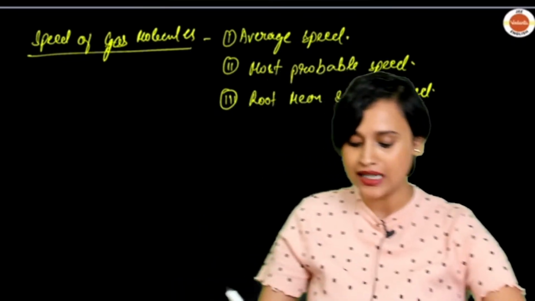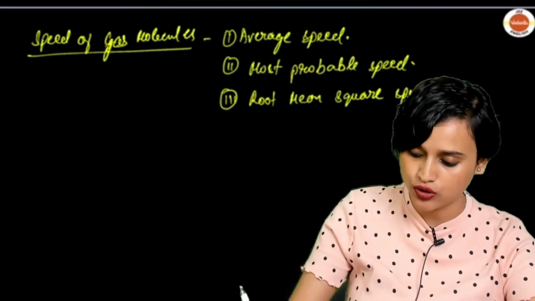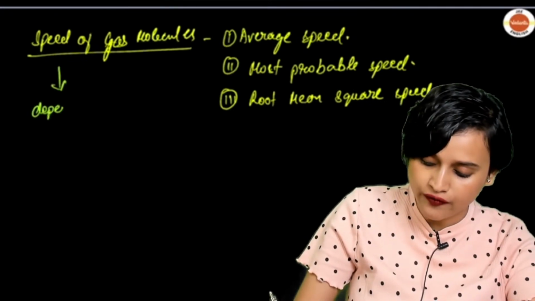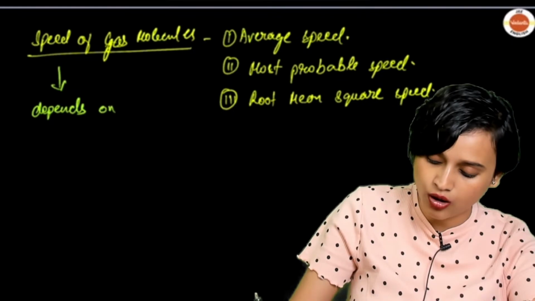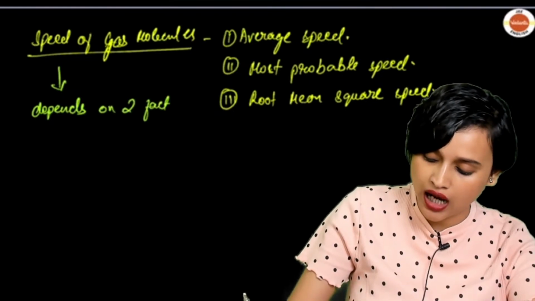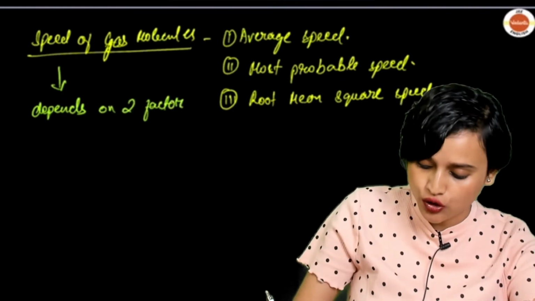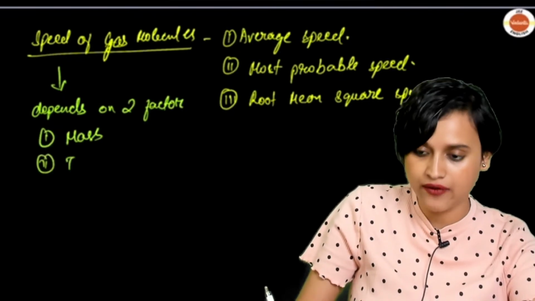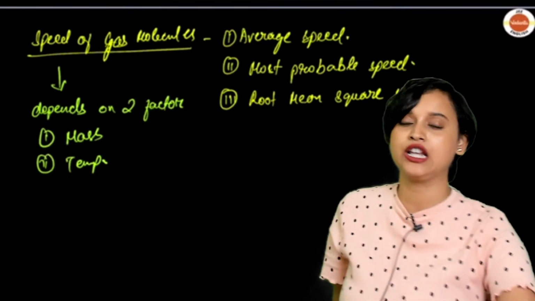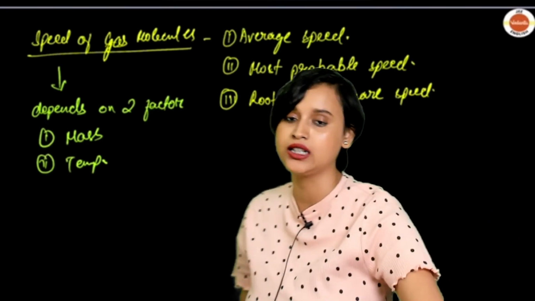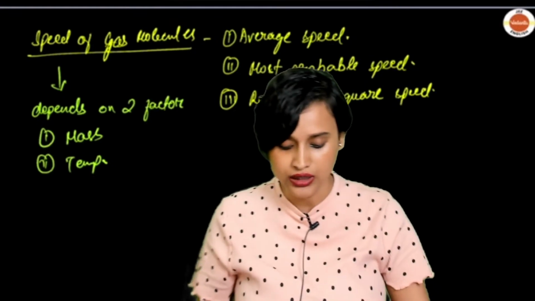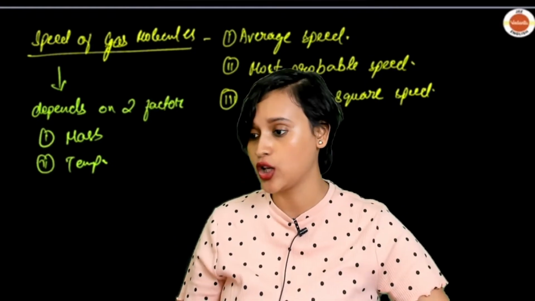So the speed of gas molecules depends on two factors, everybody: number one is mass, and number two is temperature. Based on these two factors, we find out the speed of gas molecules.